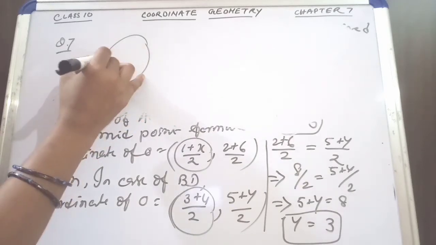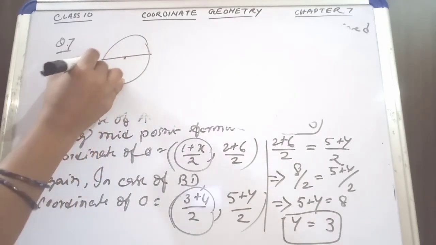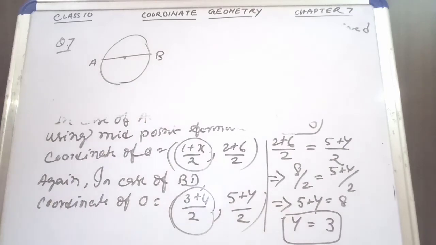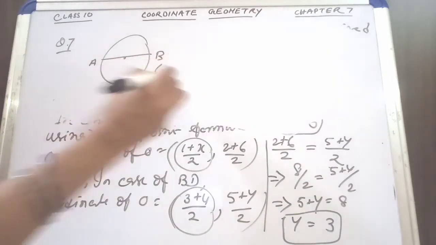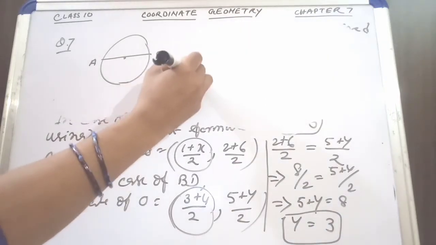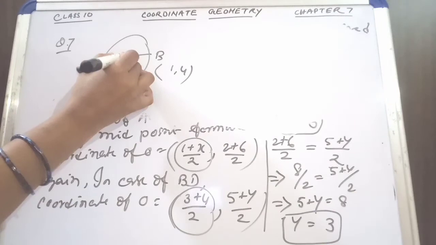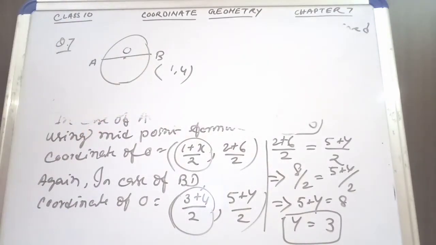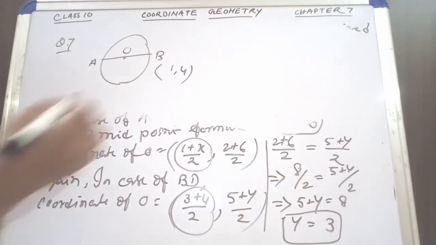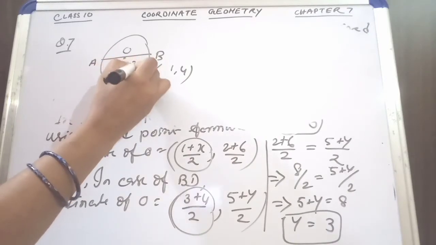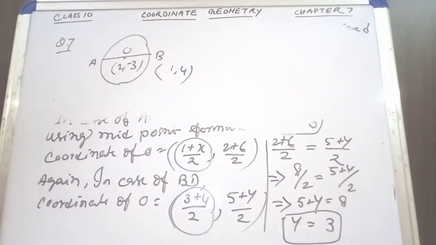Suppose this is a circle and AB is the diameter of this circle, where the coordinate of B is 1, 4 and the center of this circle, suppose this point O, is 2, minus 3. So you have to find the coordinate of A.